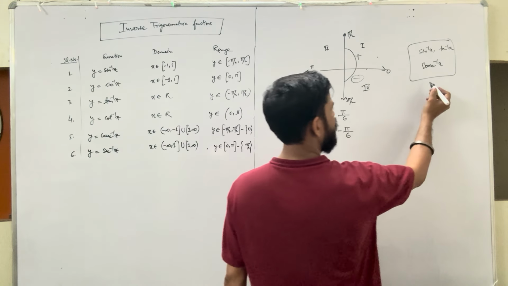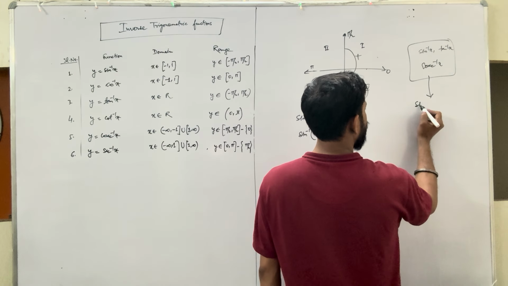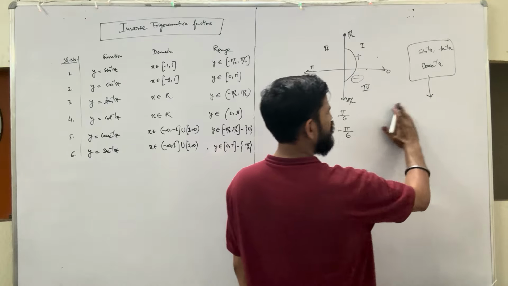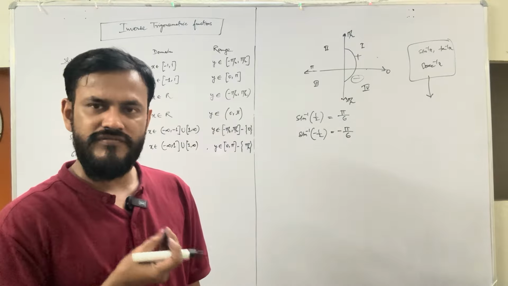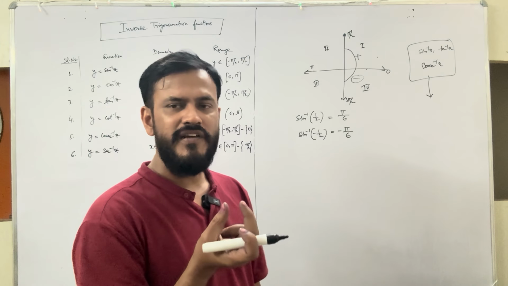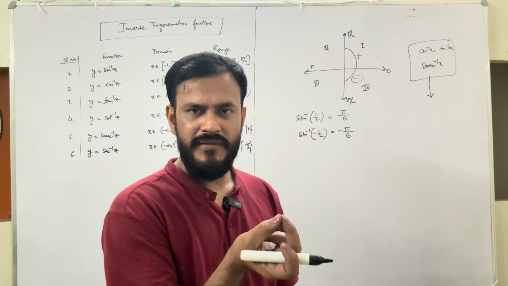So for these trigonometric functions, if the argument is positive, you go to the first quadrant, and then the principal value will be just the positive value of the angle.